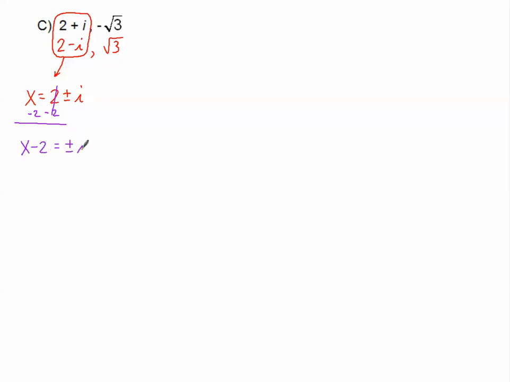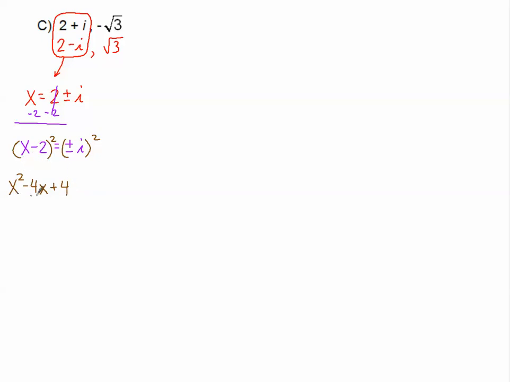plus or minus i. And then I'm going to take each side and square, because that's what I would have done backwards. So x minus 2 quantity squared becomes x squared minus 4x plus 4. If you need to write them side by side and do your FOIL, that's absolutely fine.